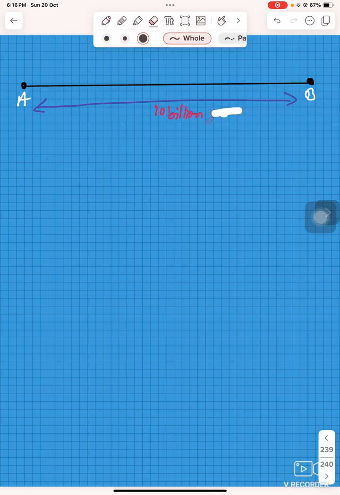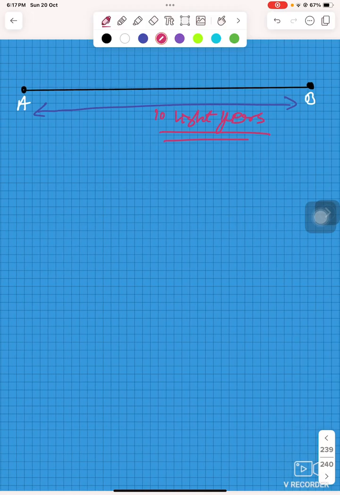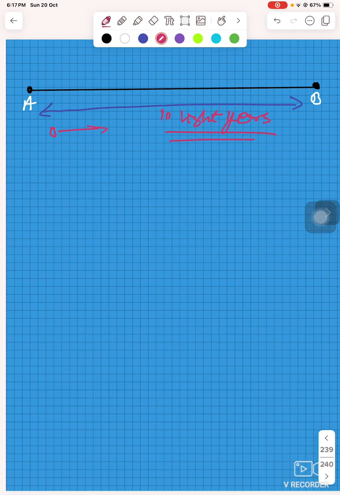Not billion, let's suppose 10 light years, easier and not difficult for the sake of the video. The object moving from this point to this point is moving at 0.8 the speed of light, which gives gamma as nothing but 5 by 3, as shown by this equation.